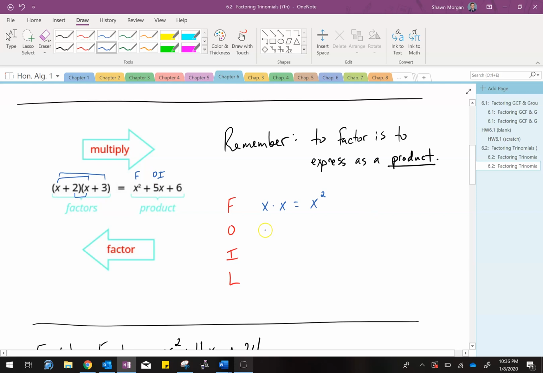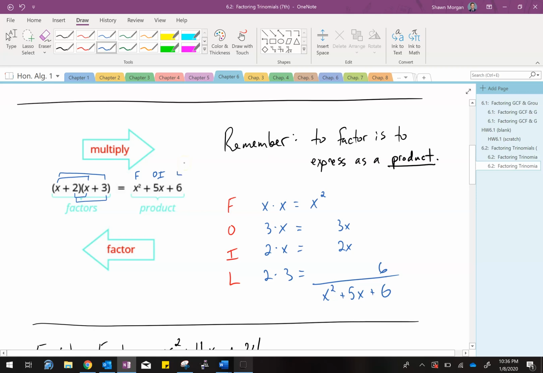So we would end up with 3 times x and 2 times x. And as you've noticed, the O and the I go together. And then when we multiply our last times our last, 2 times 3, that's going to equal 6. And that's where we tally all that up. We get x squared plus 5x plus 6. That's how you FOIL. You guys know that at this point.